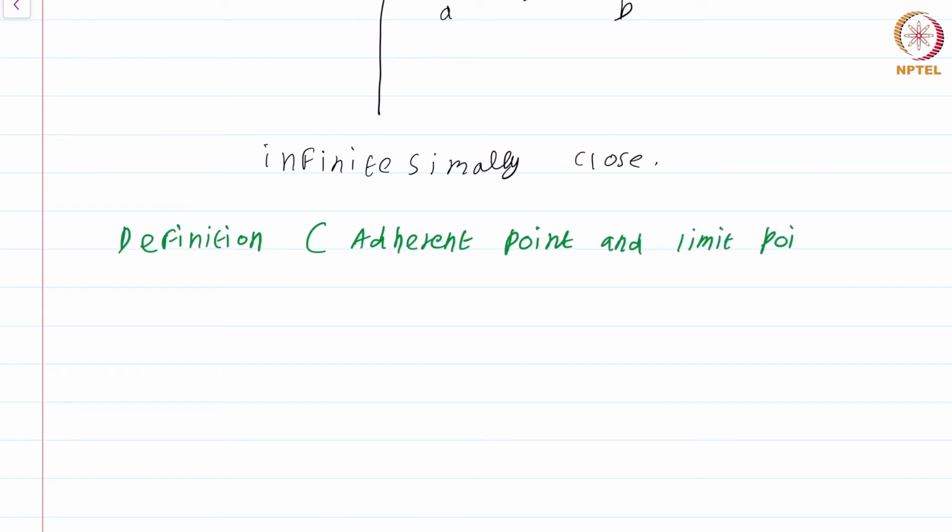The word adherent means sticks to the set. This is going to capture the meaning of a point being infinitesimally close to a set. And the limit point is a more refined notion of adherent point, which is very well studied and used in analysis. So the definition is as follows. Let A, a subset of R, be a set.